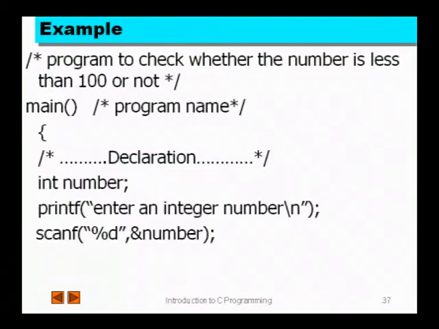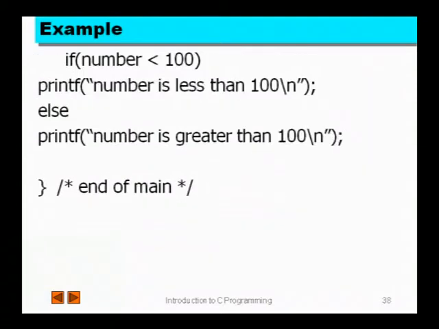So you display the message, enter an integer number, and with scanf you enter the value from the keyboard. The ampersand with number is used for storing the value in the variable number. For that you need to allocate memory, and the ampersand gives you the address of the variable number.